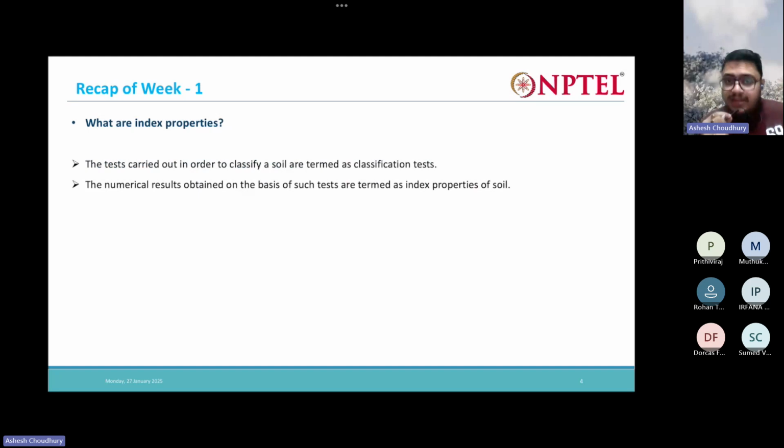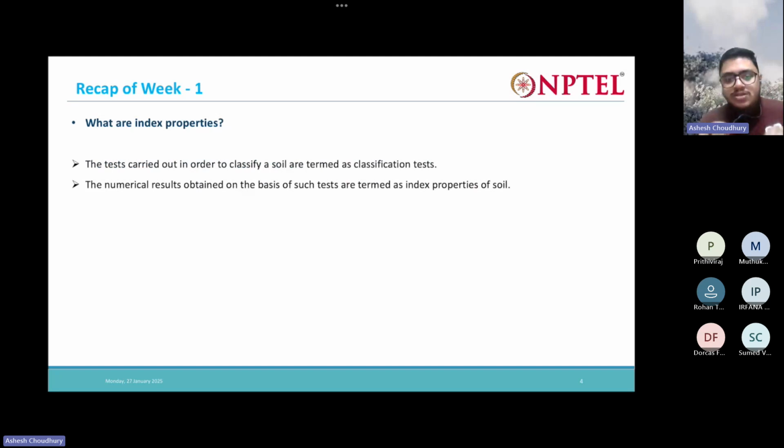In order to classify the type of soil, we need to do some tests. The numerical results obtained on the basis of such tests are called the index properties of soil.